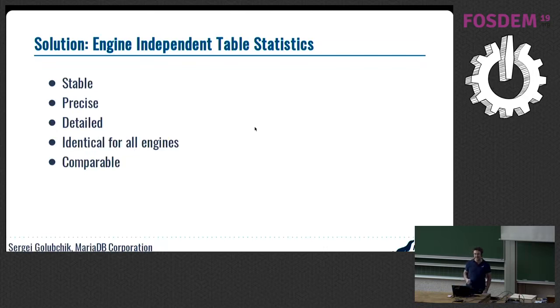And it's calculated by the server, not by the engine, so it's calculated identically for all engines. So cost estimations are identical, and they're comparable, so the optimizer can calculate the cost for one table in one engine and for another table in a different engine, and then compare them and decide in what order it's better to execute the query, for example, a join.